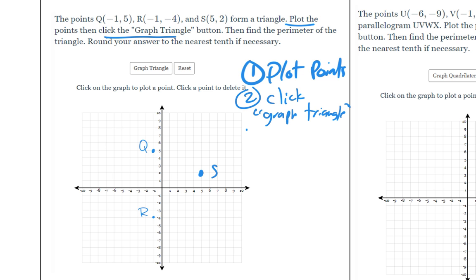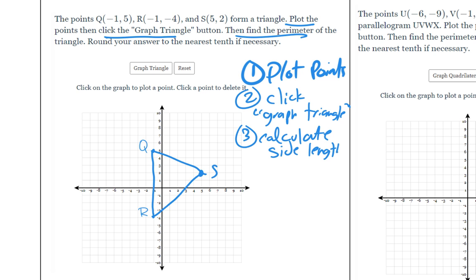Once we do that, it's going to go from Q to R to S, and then back to Q. Then to find the perimeter, we need to calculate the side lengths. And then step 4, we're going to add: P equals add all sides.